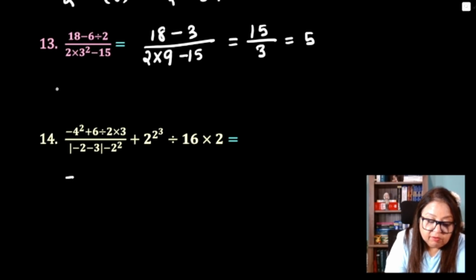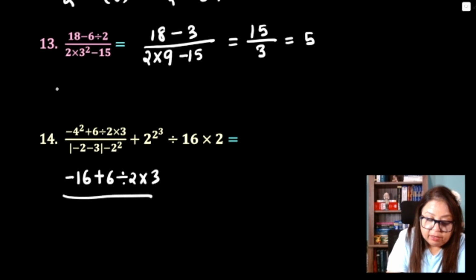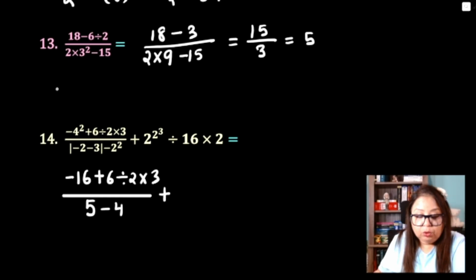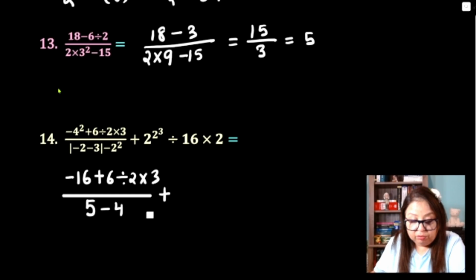That is going to give us minus 16 at the top, plus 6 divided by 2 times 3 divided by minus 2 minus 3 is minus 5, but we are taking its absolute value. So that is 5. Minus 2 squared is 4, plus 2 to the power 2 to the power 3.